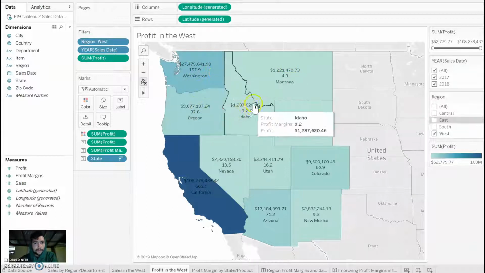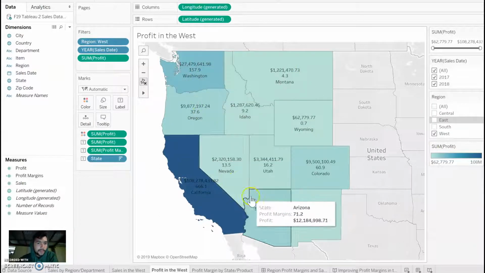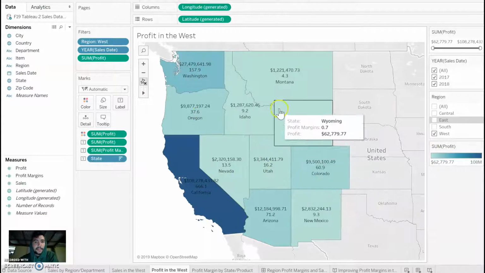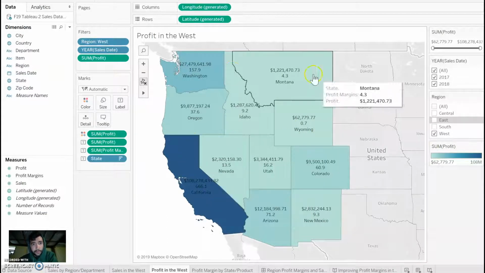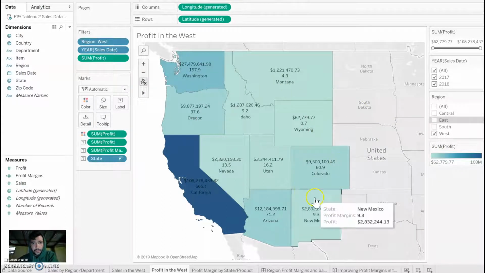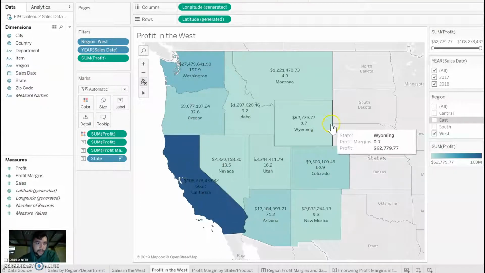So the greater the profit margin, the more money that state is going to be making. By looking at it, we can see that California is part of the main reason why the West region has such high sales. It's probably due to its dense population.